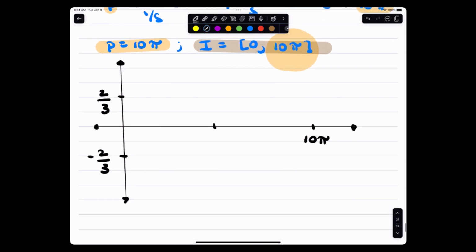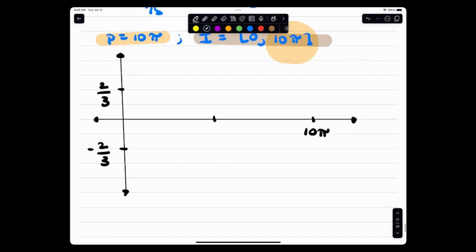So how do we start that? Do you guys remember? What's halfway between 0 and 10 pi? That's going to be 5 pi? Yeah. Exactly. What's halfway between 0 and 5 pi? 5 pi divided by 2? What's halfway between 5 pi and 10 pi? Isn't that 15 pi over 2 if I add them and divide by 2? Is that true? You guys okay with that?